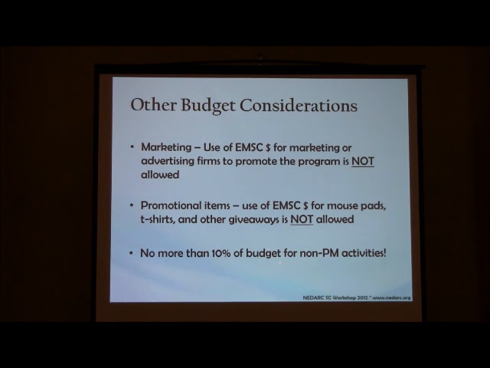Last thing, to reiterate what was said yesterday: no more than 10% of the budget can be dedicated to or used for non-performance measure activities. Personnel is probably the biggest chunk of your budget. So if you're doing some non-performance measure activities, and the program manager's full salary is being charged against the project, you have to be able to describe in the personnel section that no more than 10% of that individual's time is being used for these non-performance measure activities.